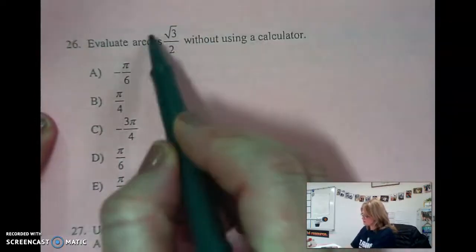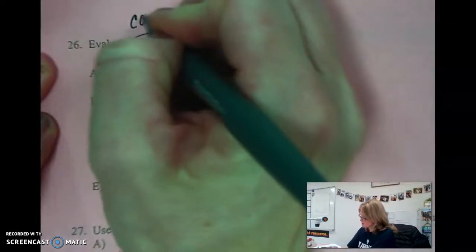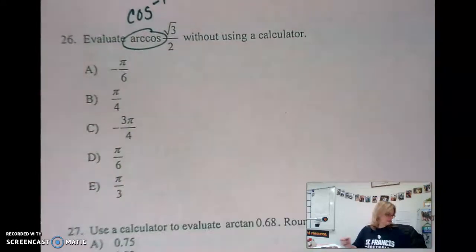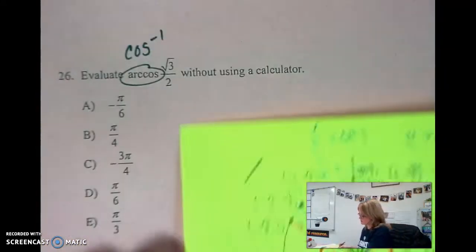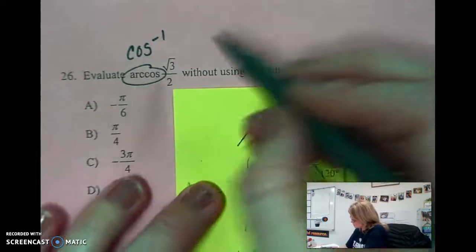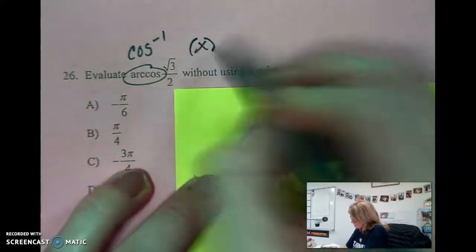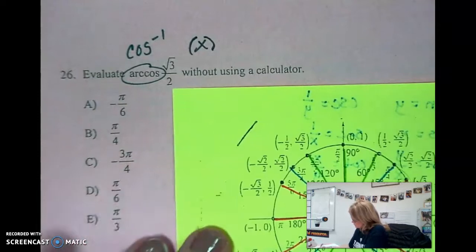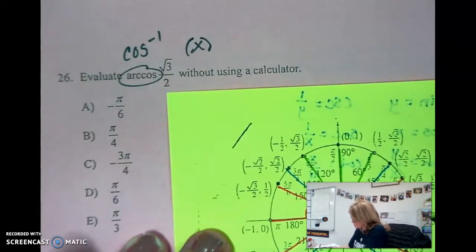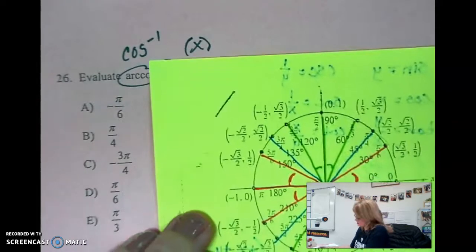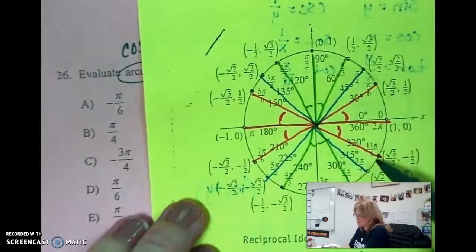Evaluate the arc cosine. Remember, this is the same as saying the inverse cosine. Arc cosine and inverse cosine mean the same thing. So when is cosine, remember that's your x value, square root 3 over 2? Well, x is square root 3 over 2 right here at 30 degrees, and it is also right here at 11 pi over 6.